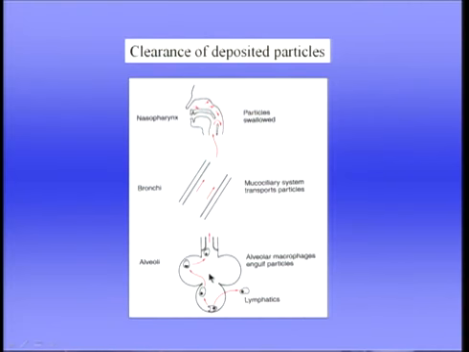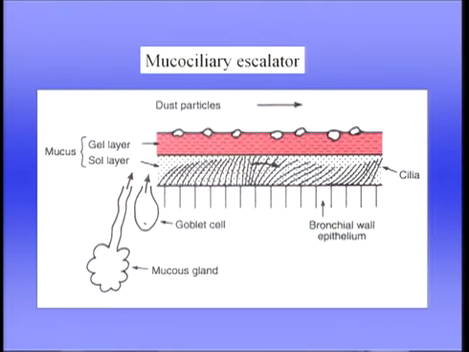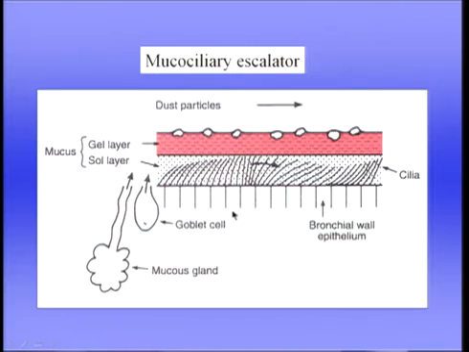So let's look in more detail, first of all, at the mucociliary escalator. And I have to tell you, I think this is one of the most elegant things that evolution has provided us with. It's a very elegant way of moving pollutants out of the lung. What we've got here is a system where we have mucus sitting on top of, or being propelled by, cilia.